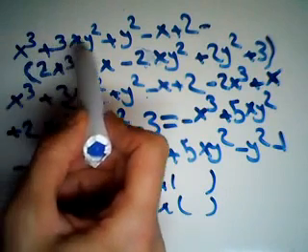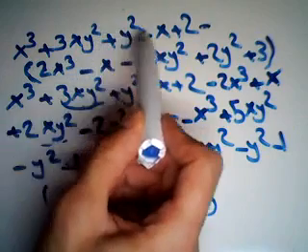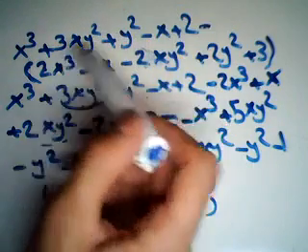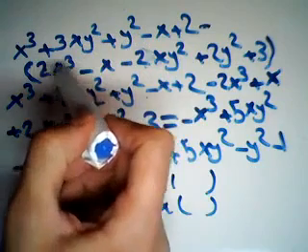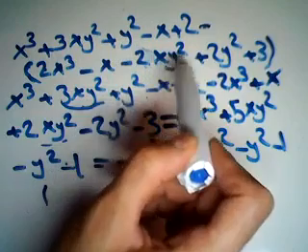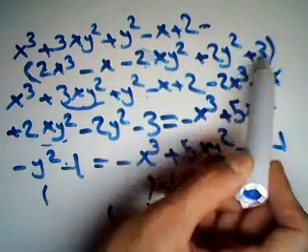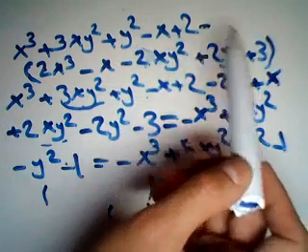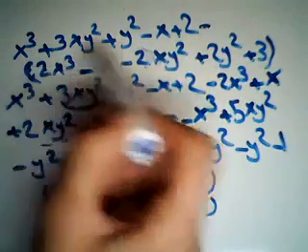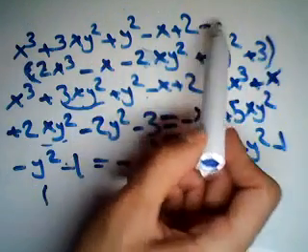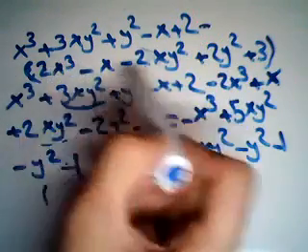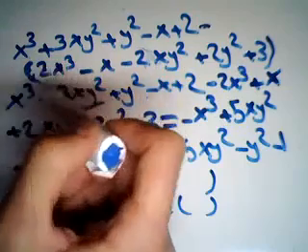This is our first polynomial minus another polynomial inside the parentheses plus 2y plus 3. Okay, now here we should get rid of the parentheses by multiplying this minus into the terms of the second polynomial.